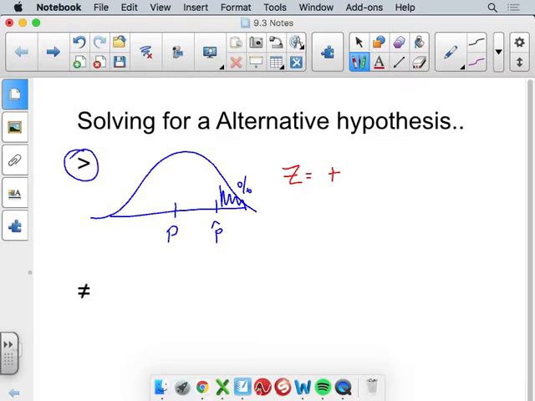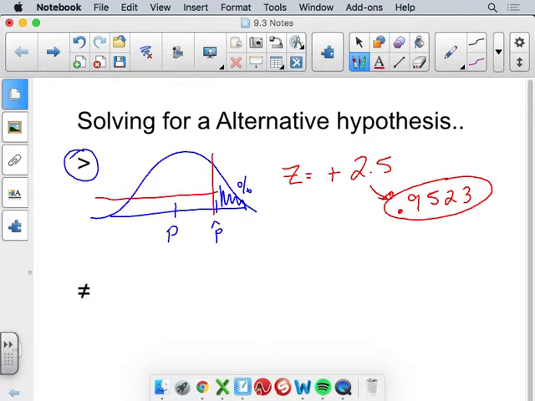Let's just throw out a number, positive 2.5. When you look up this value in the z-table, it's going to say something like 0.9523, something, it's going to be 9 something. This is not your answer. This 9 value is the less than number.